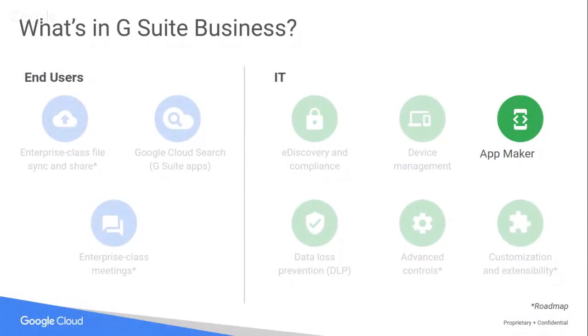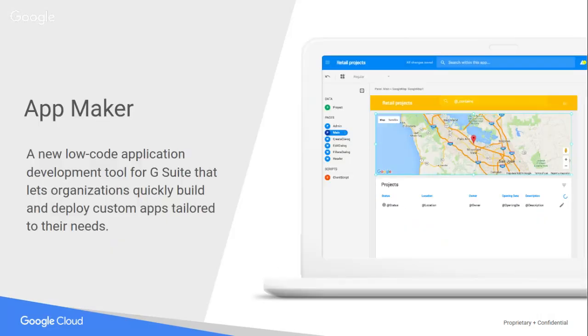Moving on to the next option that Google Business has, App Maker. App Maker is one wonderful tool, a new low-code application development tool for GSuite that lets organizations quickly build and develop customized applications tailored for their needs.